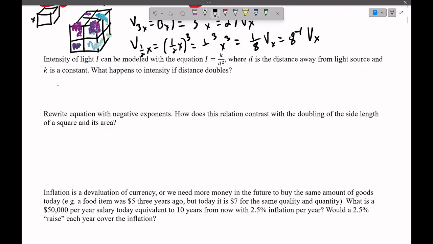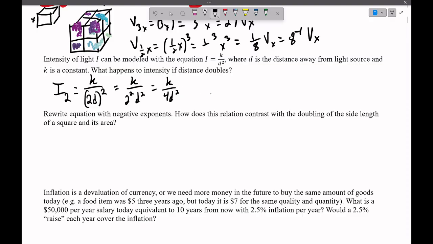So in other words, what happens to the intensity, I'll do intensity 2, if distance here is doubling. So instead of d, I have 2d that I plug in. And that's going to give us k over 2 squared d squared, which is the same thing as k over 4 d squared.